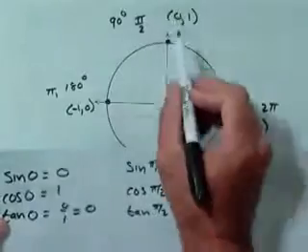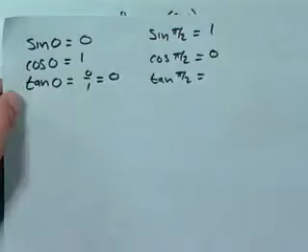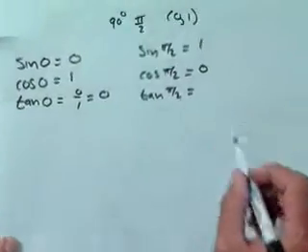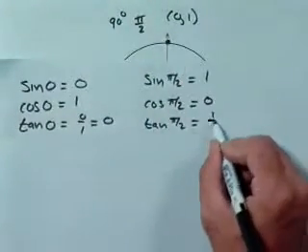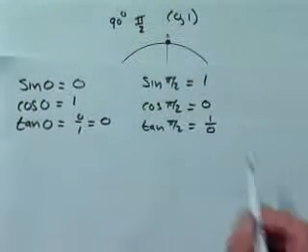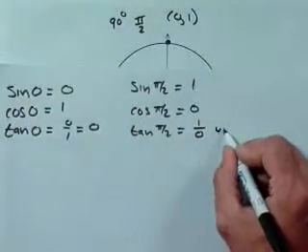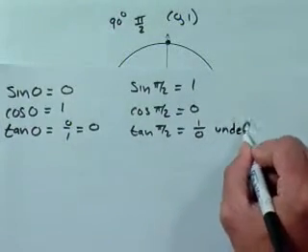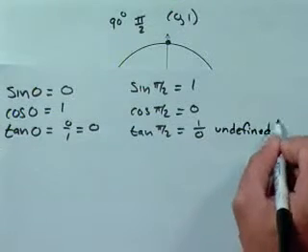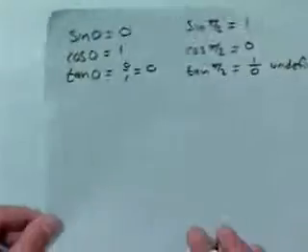Cosine of pi halves, that's the x-coordinate, 0. Tangent pi halves, that's the y-coordinate over the x-coordinate. We have division by 0. We can't divide by 0, so we say the tangent of pi halves is undefined.